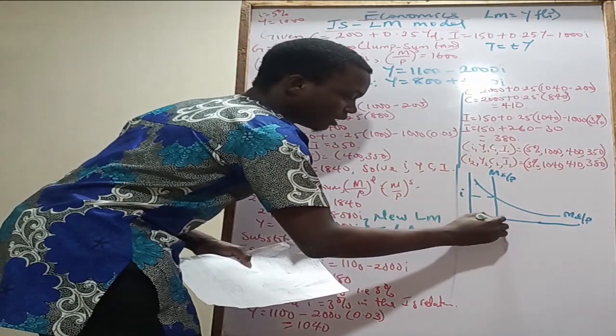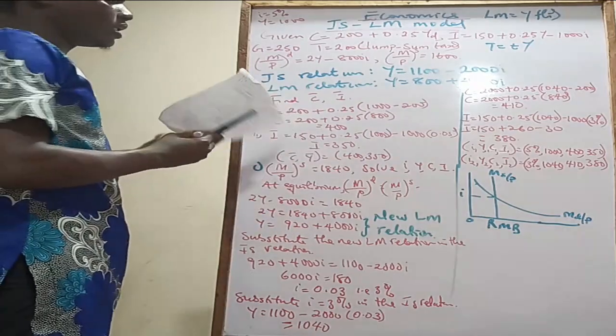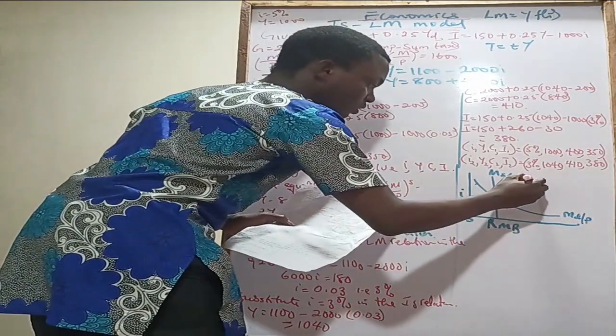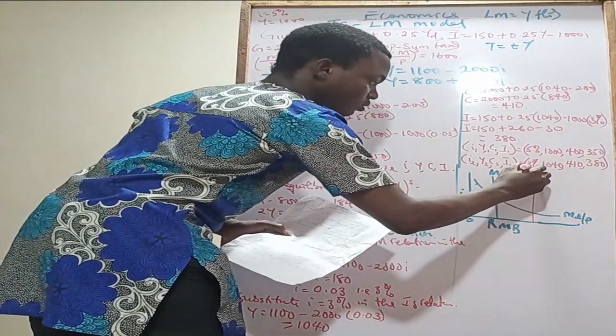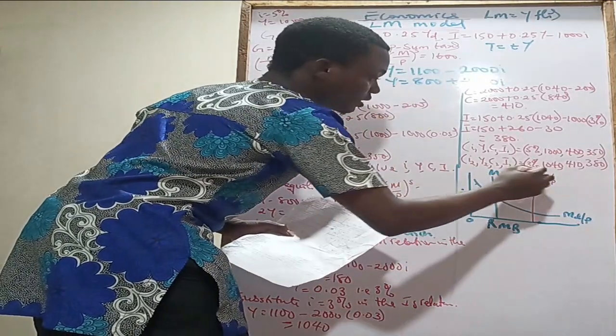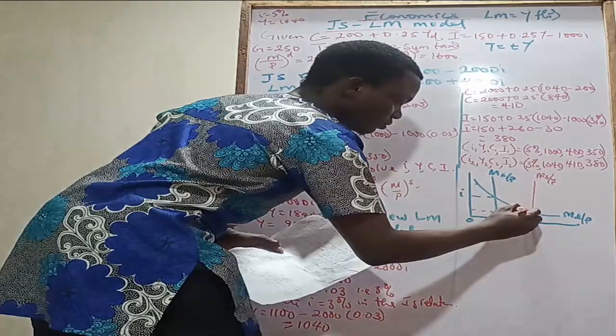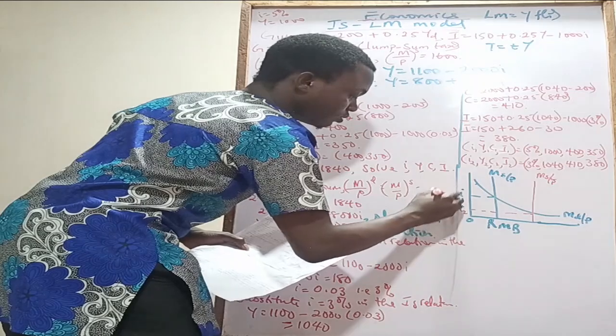Then this is real money balance, not Y. And then when the real money supply increased, it's like here, so let me just connect MS2 over P. Now interest rates reduced to I2, so it fell.